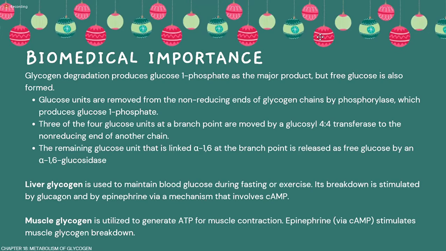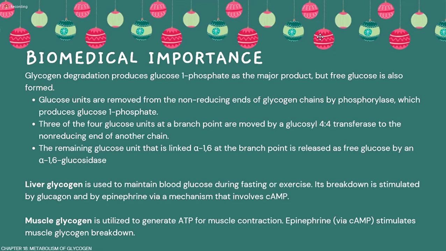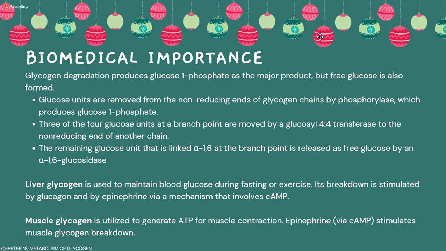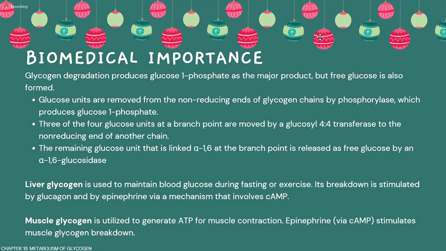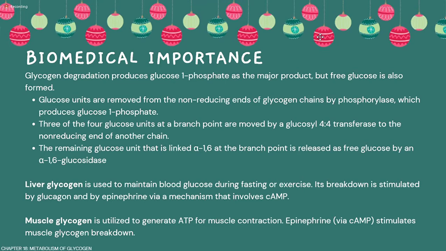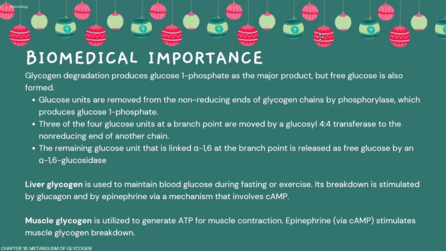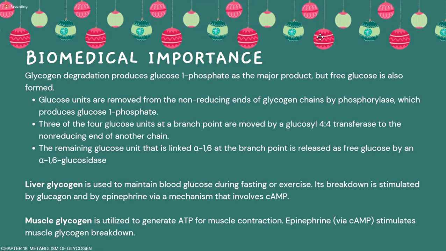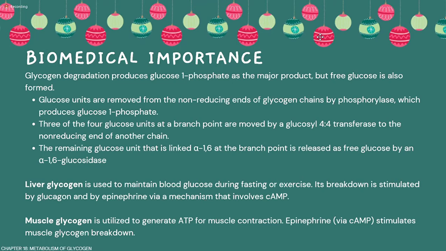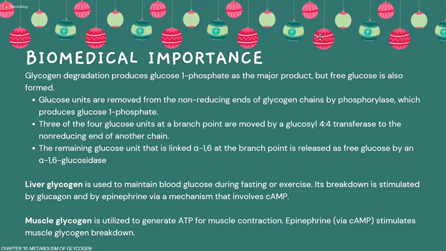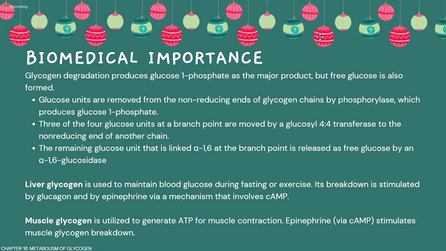And remember this, it is the liver glycogen that gives glucose to the blood so that the blood increases its glucose content when you are fasting. The muscle glycogen is being broken down not to increase the blood glucose, but the muscle degradation of glycogen is only for the muscle itself.